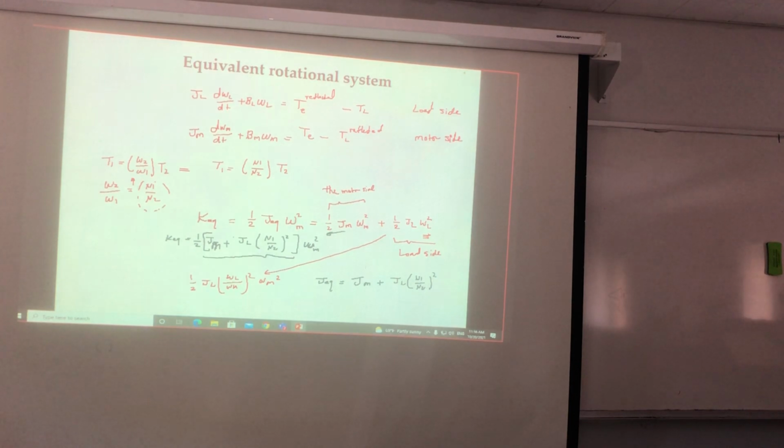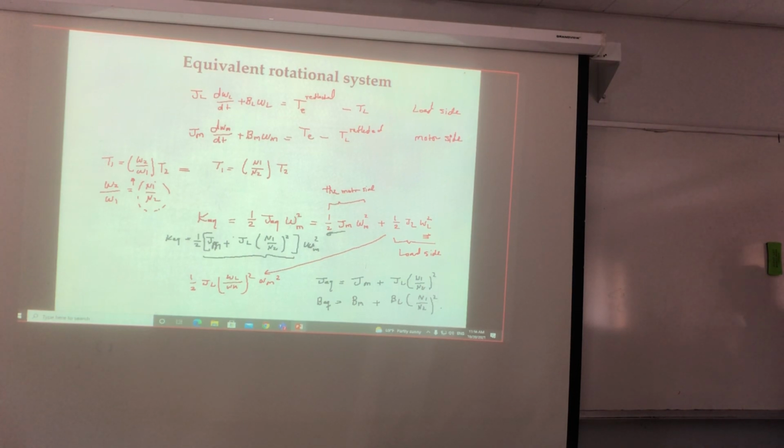The same thing we can write for the viscous friction: B equivalent equals Bm plus BL multiplied by (N1 over N2) squared.